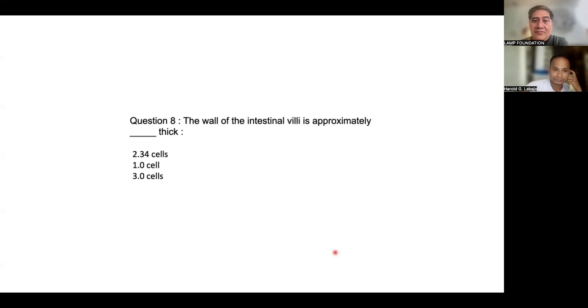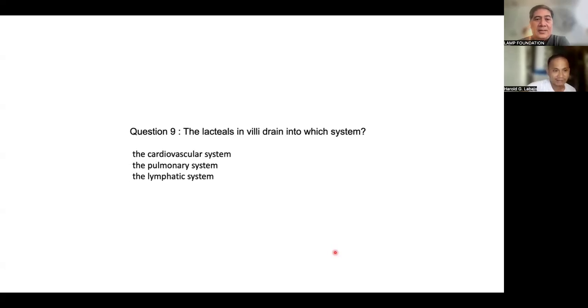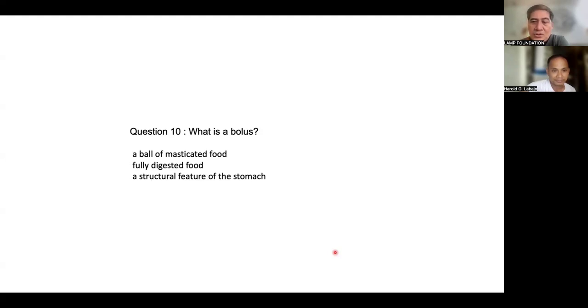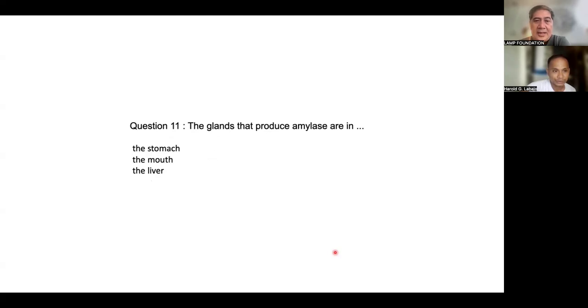The wall of the intestinal villi is approximately how many cells thick? 1 cell. The lacteals in villi drain into which system? The lymphatic system. What is a bolus? A bolus of masticated food. The glands that produce amylase are in the mouth. Which part of the body performs mastication?